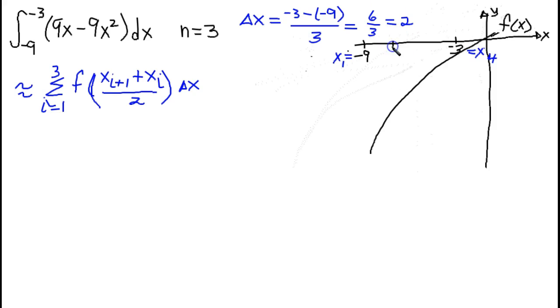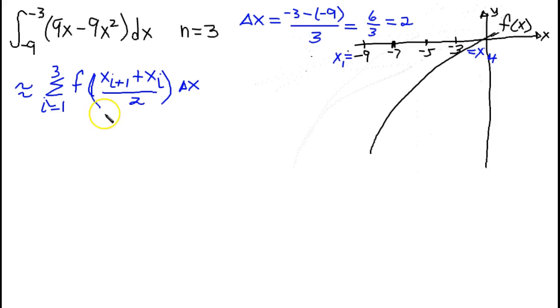When I add delta x to -7, that gives me -5. And if I add 2 to -5, I get -3. So x sub 1 is equal to -9, x sub 2 is equal to -7, x sub 3 is equal to -5, and x sub 4 is equal to -3.